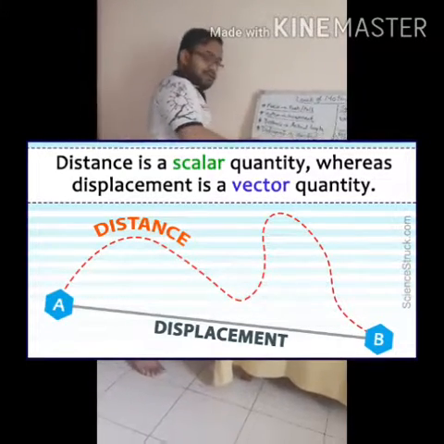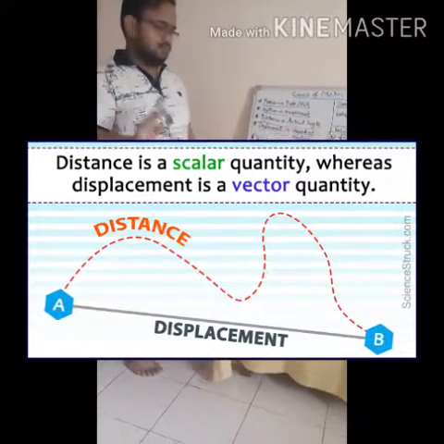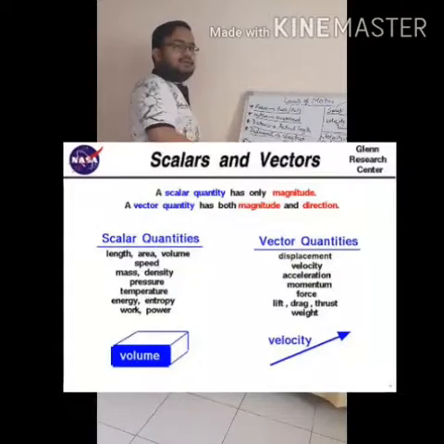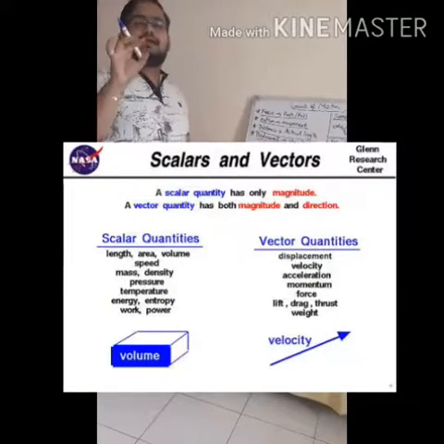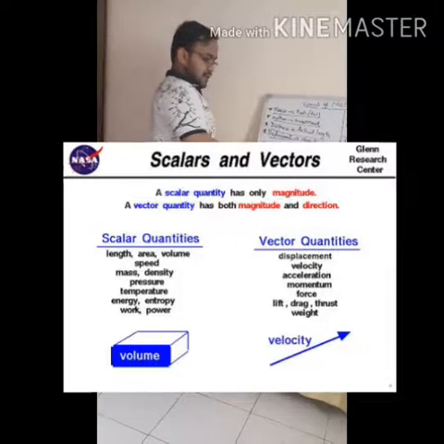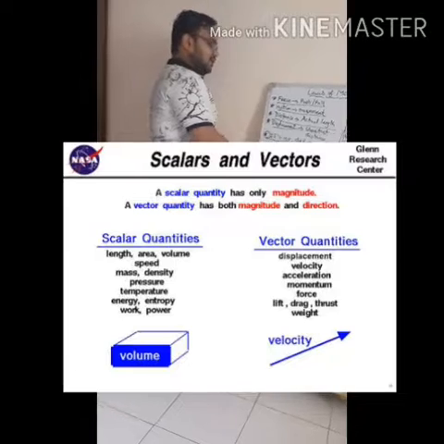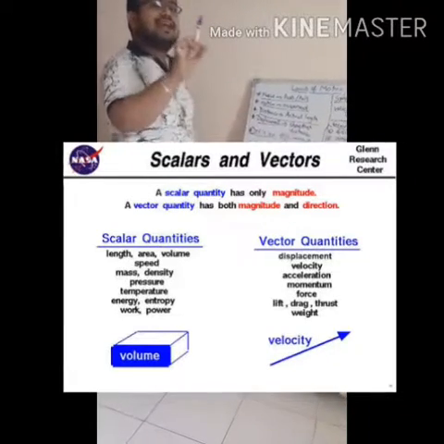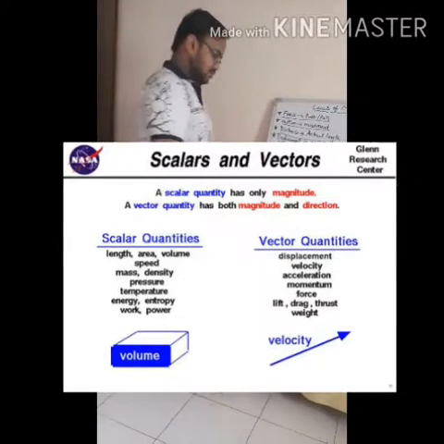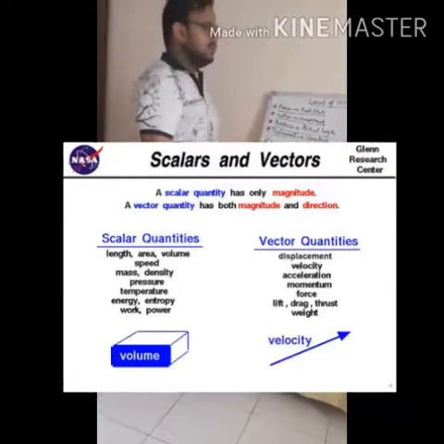Even if displacement is zero, distance may or may not be zero. Scalar quantity has only magnitude. Examples are speed, mass and density. Vector has direction as well as magnitude. Displacement, velocity and force are its examples.